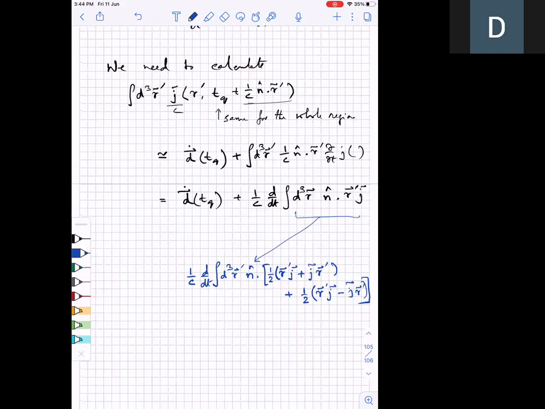Okay, so I've done this trick. Now, when I do this trick, if you look at these two parts, there's the first half into whatever and then the second half into whatever. This first thing, if you look carefully, is basically the next multipole. So this is the electric quadrupole.